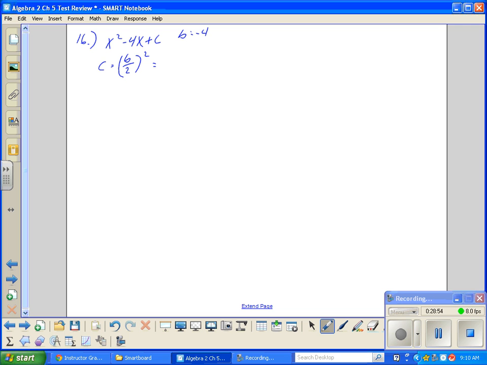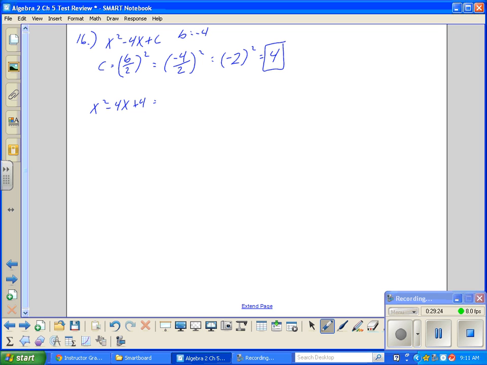So our c is going to be -4 over 2 squared, which -4 divided by 2 is -2. We square that, we get +4. So that's the c value that makes it a perfect square trinomial, which would be x squared minus 4x plus 4. And they want us to write that as a square of a binomial.